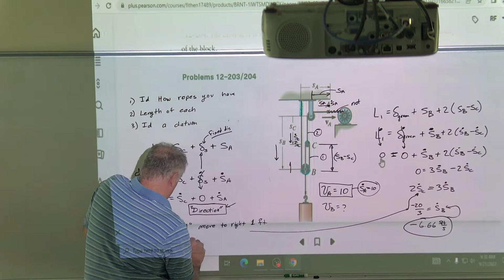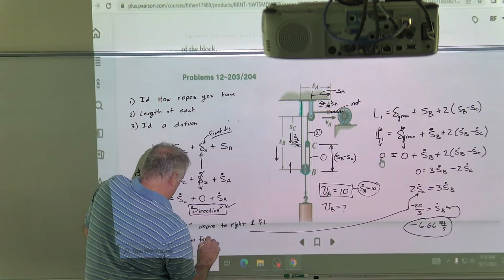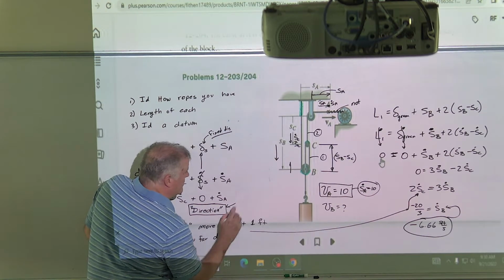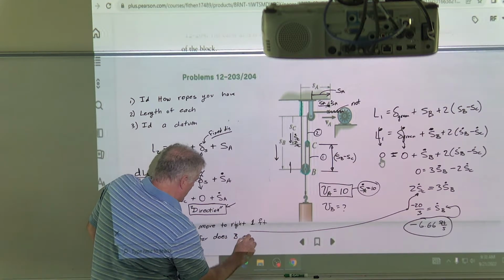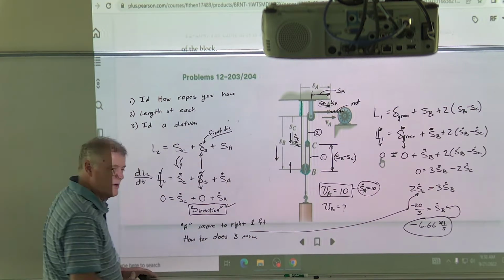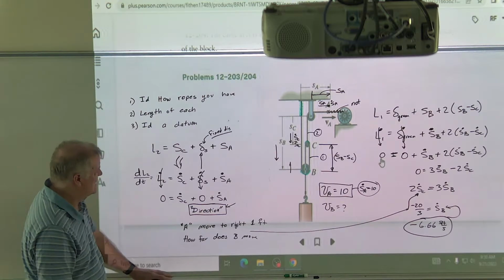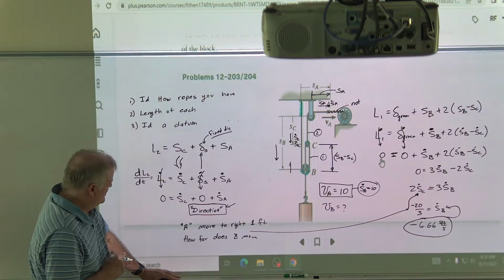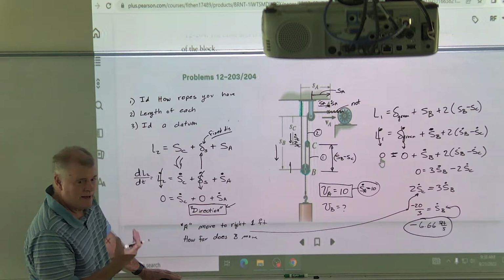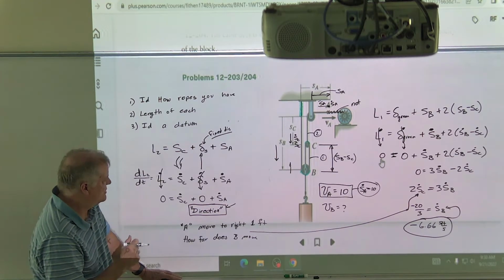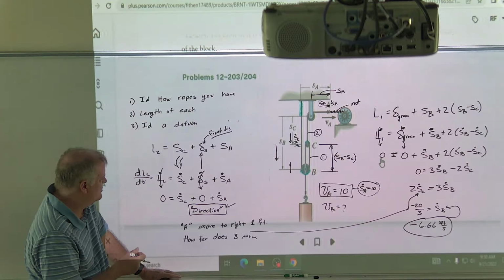How far does B move? And in a minute, we'll go back and see what question he actually asked. Okay, so if A moved to the right 1 foot, to make my life easier, I'll just say 1 foot. Move to the right, how far does B move?